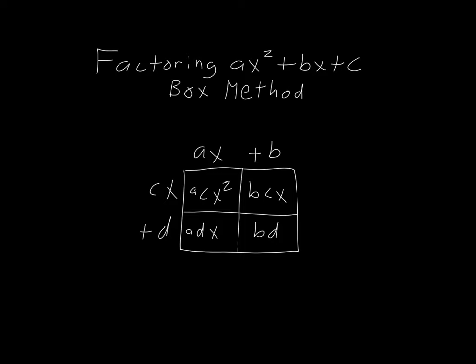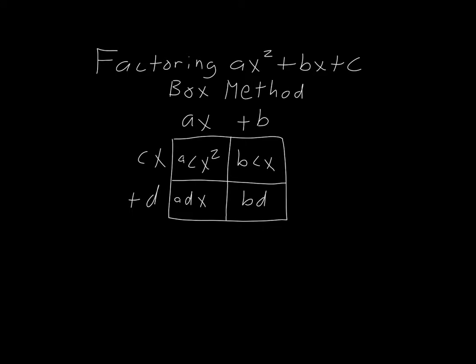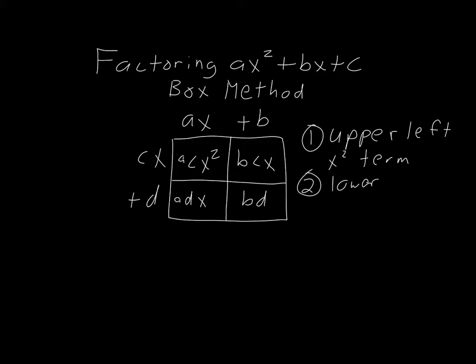Now, I want to make a few observations about this box here. Observation 1: notice the upper left is the x squared term. The lower right is the constant term.